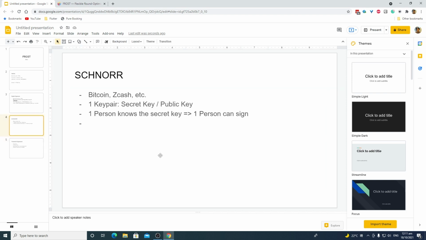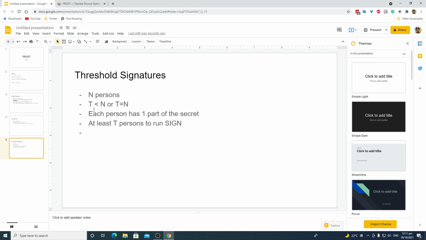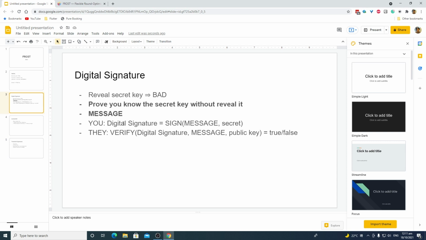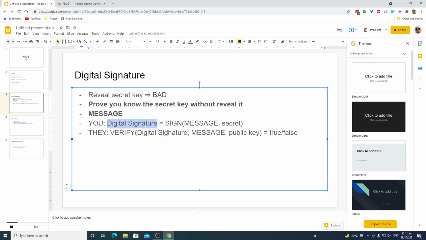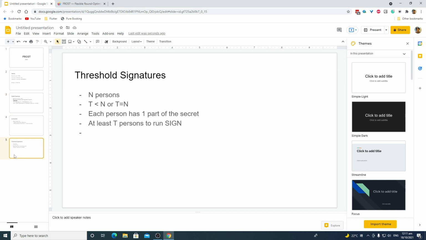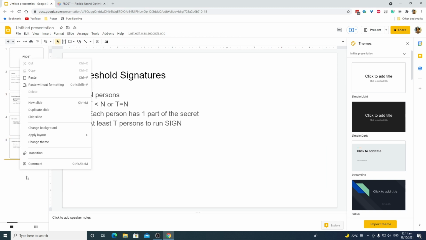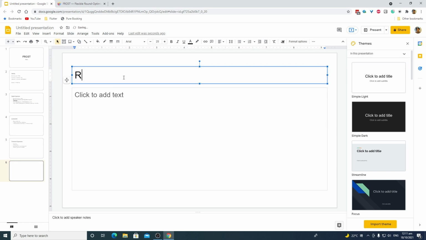Of course, if you have 3 people, it is even better, but 1 is not enough, and obviously 0 is not enough. And once they go together, they will be able to create a signature like this one, this digital signature, that anybody can verify using the Schnorr method.